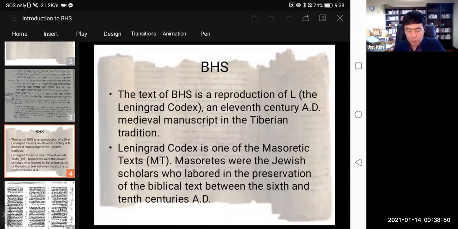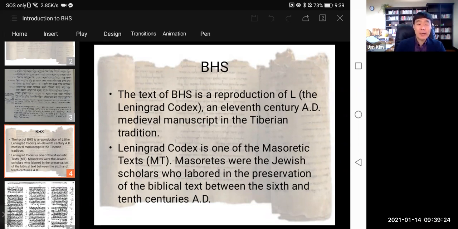When it comes to the Hebrew Bible, there are a couple of traditions, and we are going to talk about it. But anyway, Leningrad Codex and BHS are based on the Ben Asher tradition, which is quite important. We are going to talk about it later. Leningrad Codex is one of the Masoretic texts, and the Masoretes were the Jewish scholars who labored in the preservation of the biblical text between the 6th and 10th century AD.